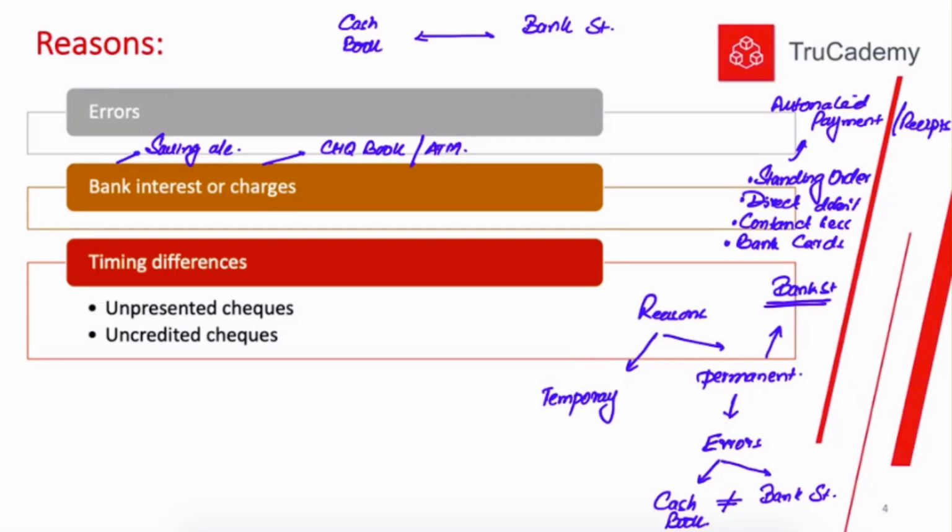This is also an example of permanent differences. So permanent differences will not resolve automatically. We need to perform bank reconciliation and we need to make adjustments.